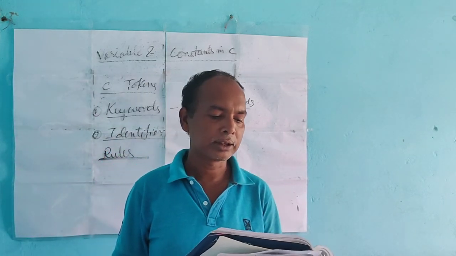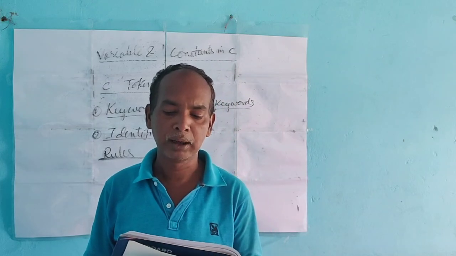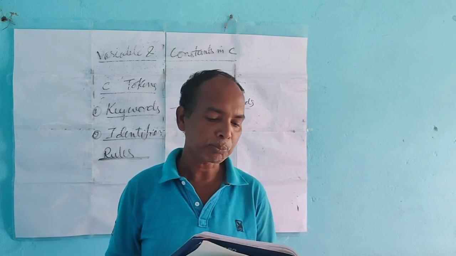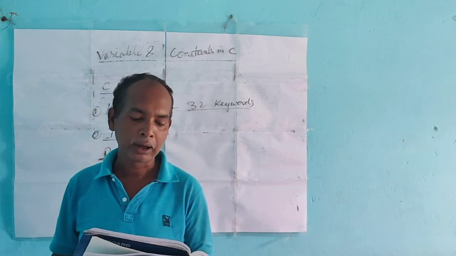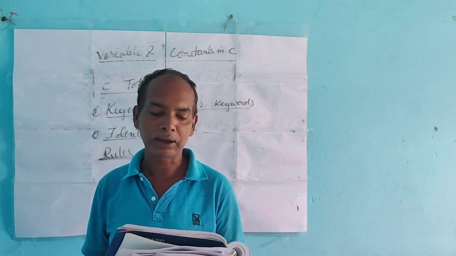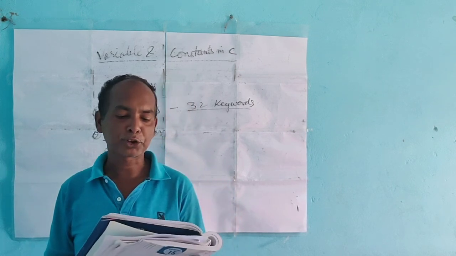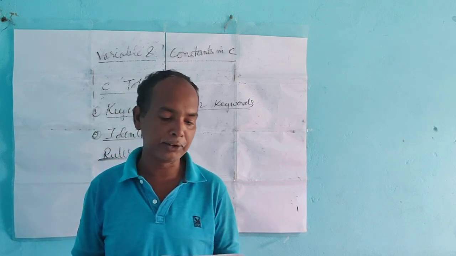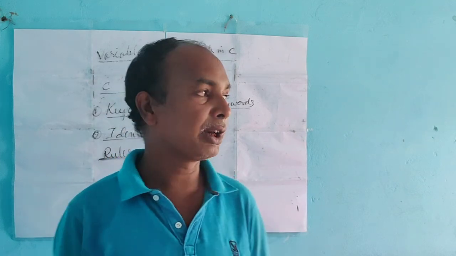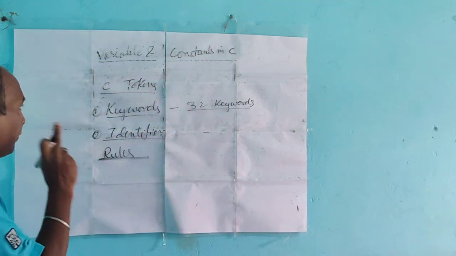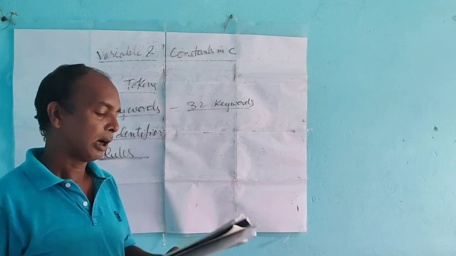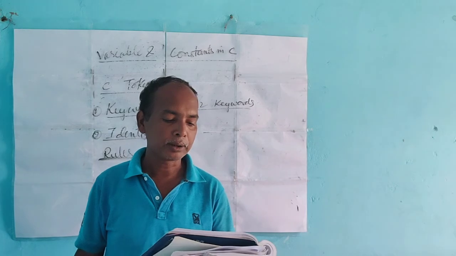Space, punctuation marks and symbols cannot be used in an identifier. Rule number two, it should begin with a letter. Whenever we use any identifier, the first character must be an alphabet.